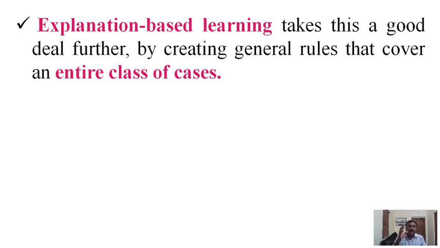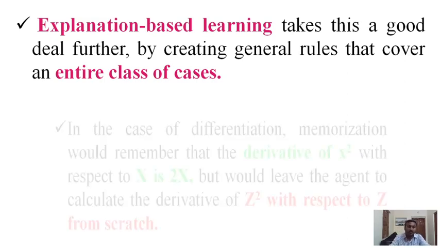In explanation based learning, we need to remember a single point: with the help of this learning, we are creating general rules to solve any problem. That formation of rules, creating these general rules, is nothing but explanation based learning.